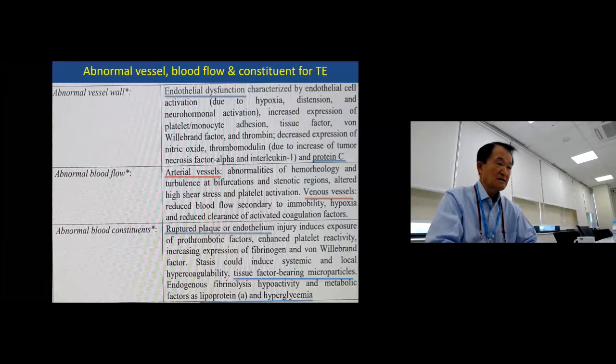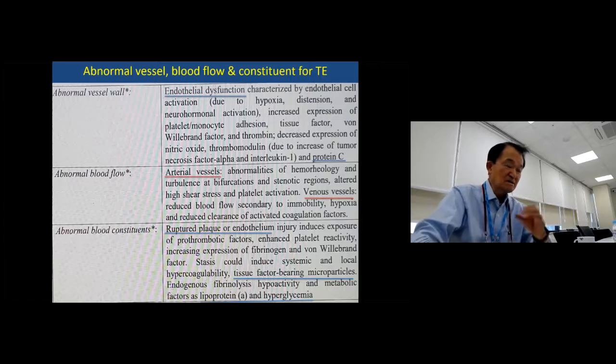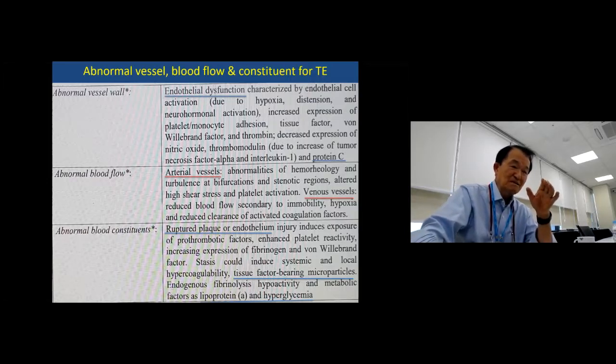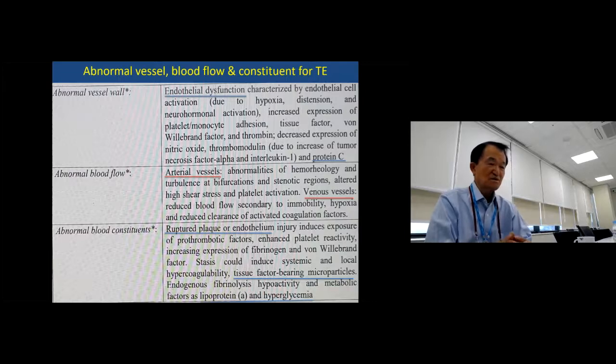So again, abnormal vascular wall makes endothelial dysfunction that can be due to hypoxia, certain hormonal things, or some congenital things like protein C deficiency, and abnormal slow flow, particularly in the turbulent flow site at the bifurcation of vessels. So aneurysm usually occurs in the area of bifurcation.